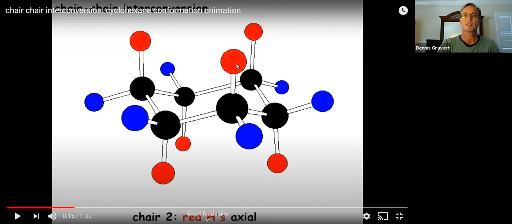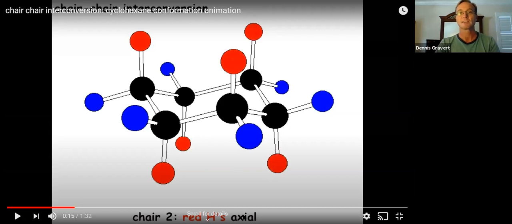And wait, how come the up and down bonds are not blue anymore? They're red hydrogens. That's because as the chair wiggles into a different shape, a different chair, the axial and equatorial groups change places. Blue hydrogens now are at the sides, the equatorial bonds, and the red hydrogens are up and down.